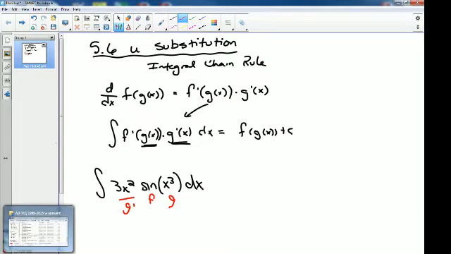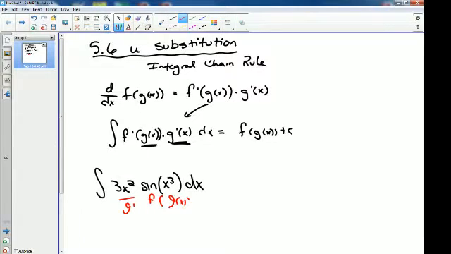So we have f of g of x and g prime of x, so the setup is there. That's key. So what we're going to do is a U substitution, right? We're going to make this a U, so it's a single variable, and it's actually going to make this disappear for us. Actually kind of handy.